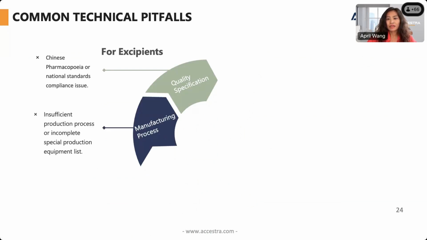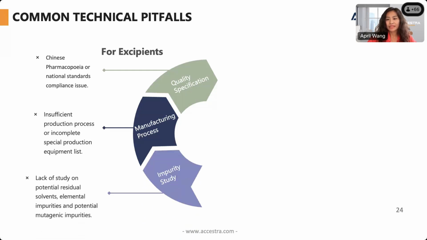Second, the production process is sometimes insufficient, or the special production equipment list is incomplete. Another one is many applicants don't provide study on potential residual solvents, elemental impurities, or potential mutagenic impurities.